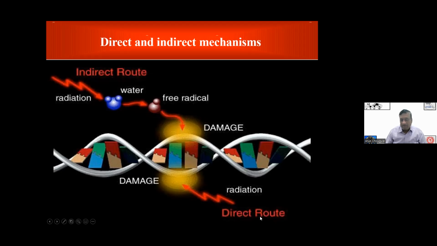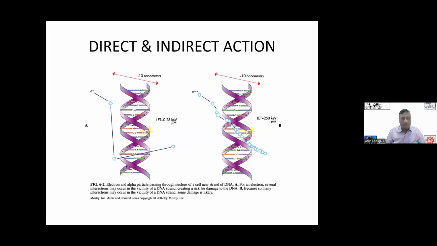And where radiation directly hits the chromosome and damages it, that is called a direct hit. In the case of X-rays and gamma rays, which are non-particulate and do not have mass and charge, almost 90 to 95% of the effect is by the indirect route. But alpha particles, protons, particle radiation, neutrons, produce the direct effect, which I will discuss later on.